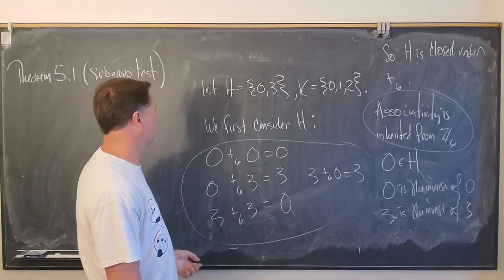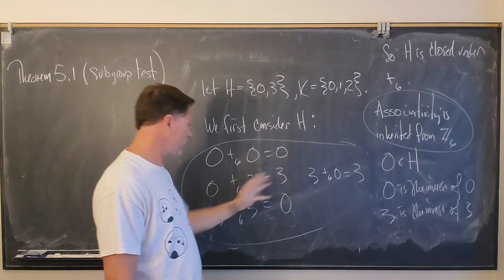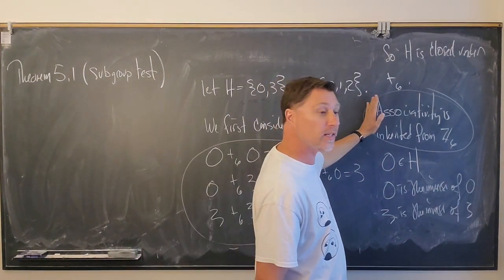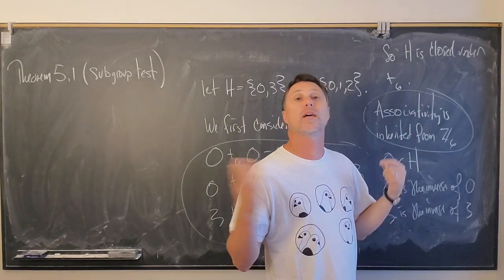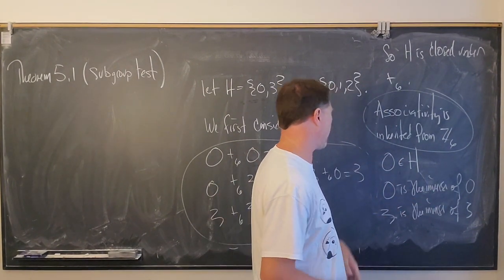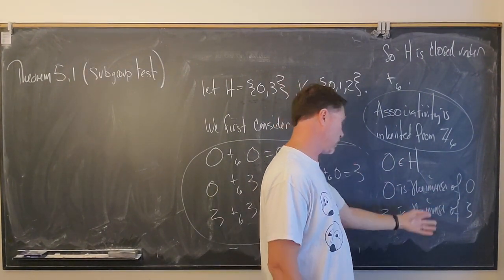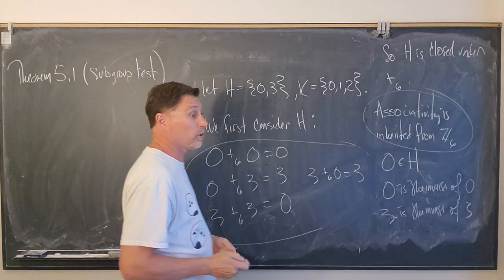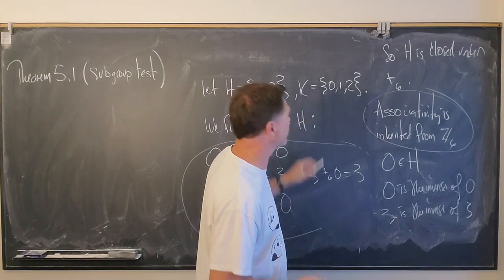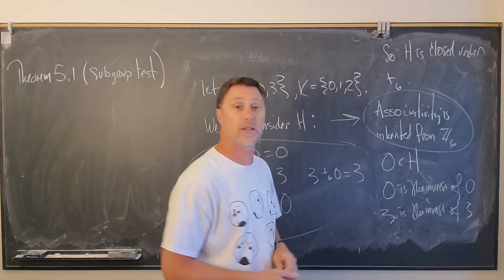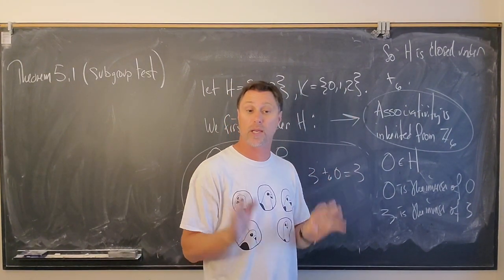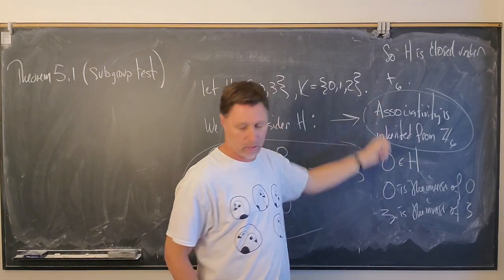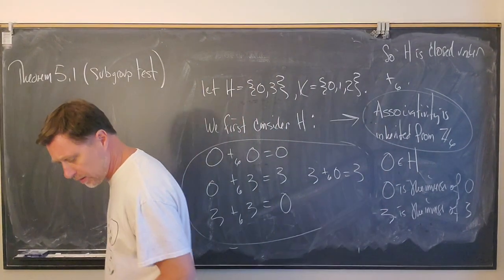We went through and checked closure, then noticed that associativity is inherited, which means there was nothing to check there. And then we had to check identity and inverses. This theorem is going to allow us to avoid even thinking about associativity. When we're talking about subgroups, we never have to worry about associativity. It's inherited.